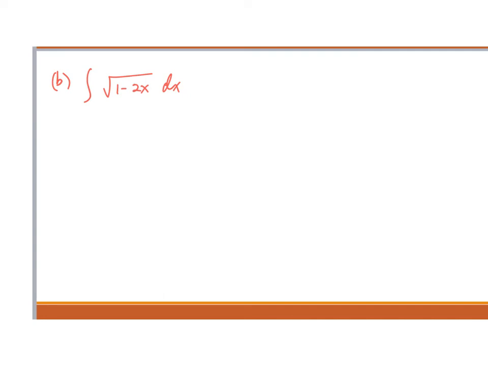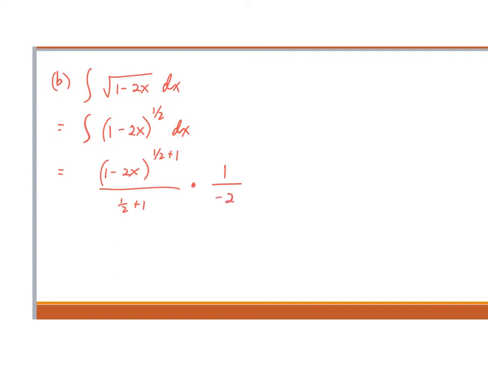For this, let's first write this as the integral of, in exponent form, 1 minus 2x to the power of 1/2 dx. So that will be 1 minus 2x to the power of 1/2 plus 1 over 1/2 plus 1 times 1 over, derivative of 1 minus 2x is negative 2, then plus c.